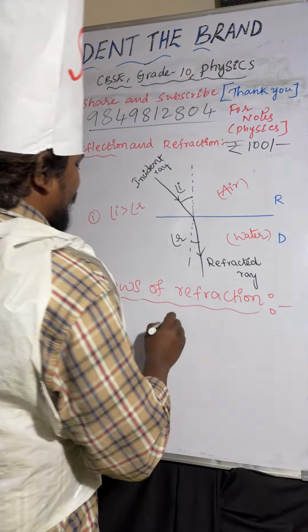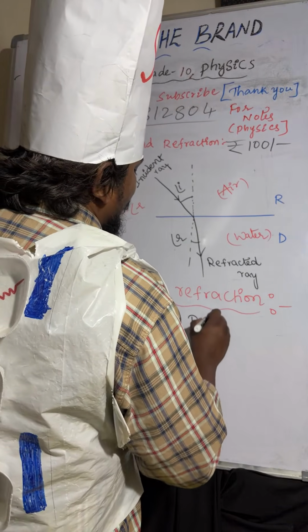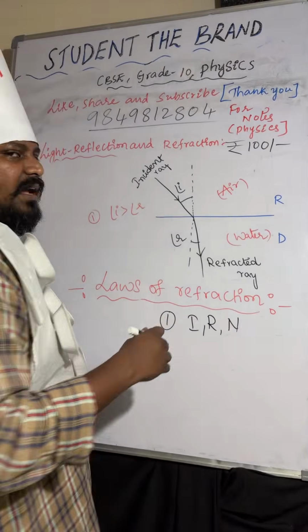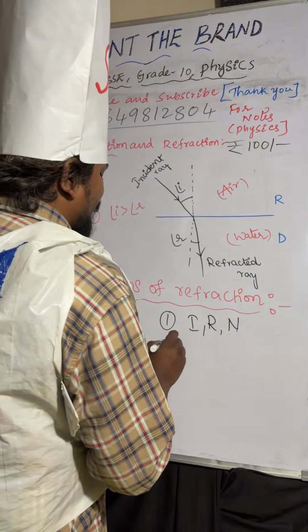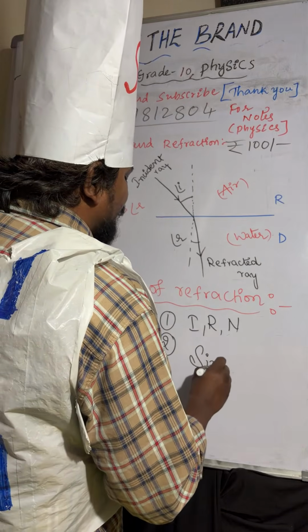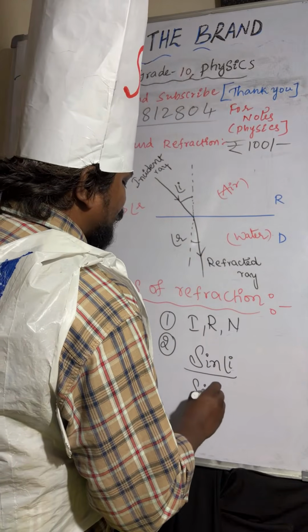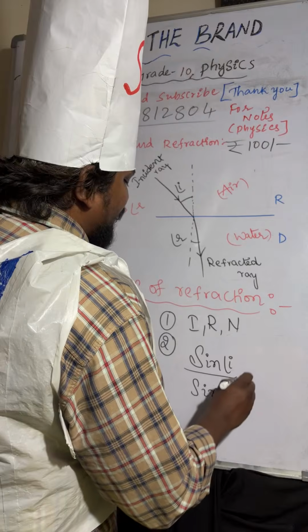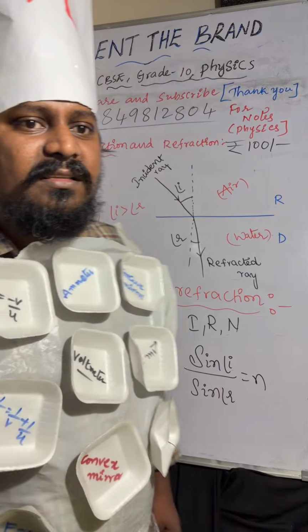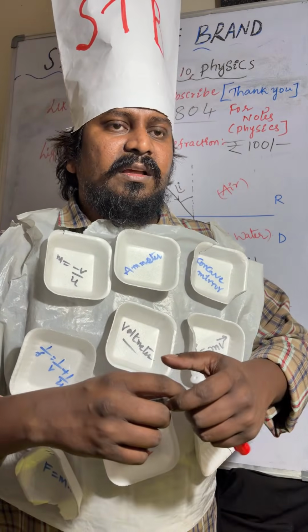Point number one, the incident ray, refracted ray and normal line lie on the same plane. The second point is the ratio of the sine of the angle of incidence to the sine of the angle of refraction equal to a constant, that is nothing but the refractive index.